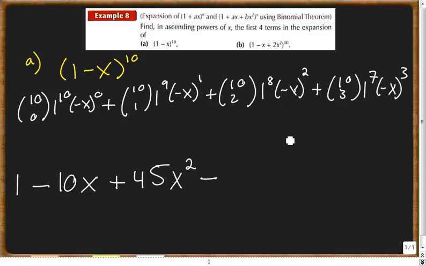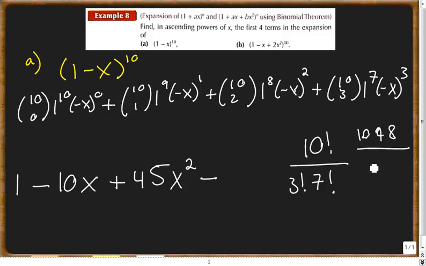So 10 choose 3 would be 10 factorial over 3 factorial 7 factorial. So the difference between those is going to be 10, 9, 8 divided by 3 times 2. We can think of this as a 3 together with 9, and 2 with 8.